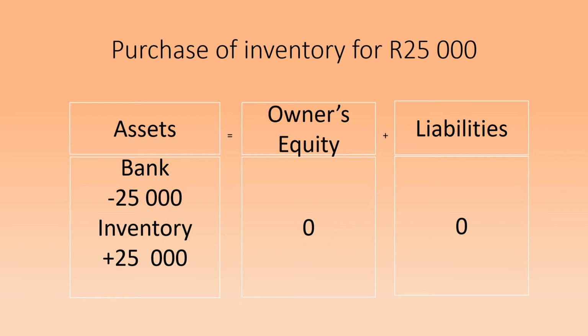The equation is in balance as assets equals owner's equity plus liabilities. The accounting equation highlights the structure of the balance sheet, which is made up of assets, liabilities, and equity. A balance sheet tells you what a business is worth at a given point in time.